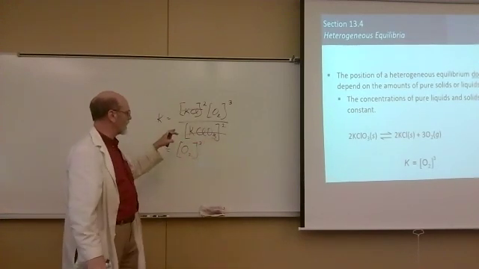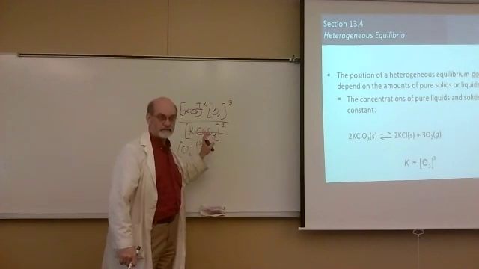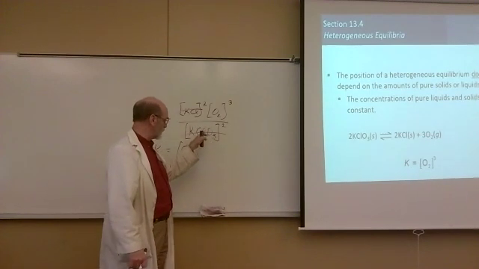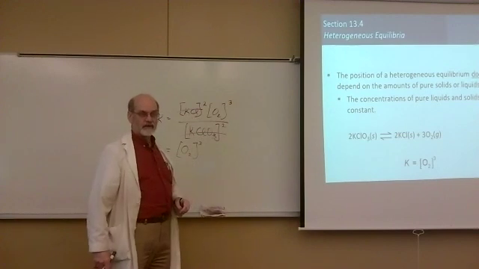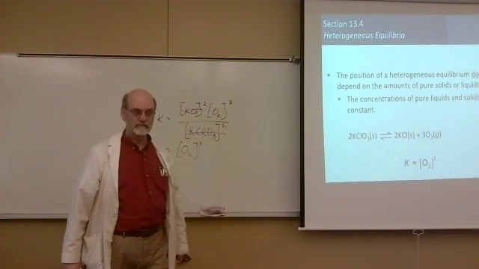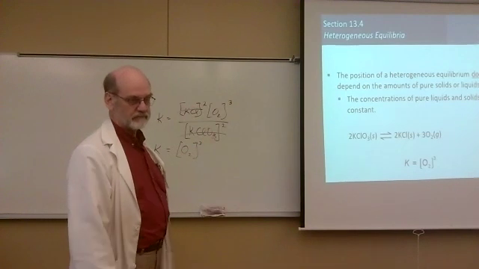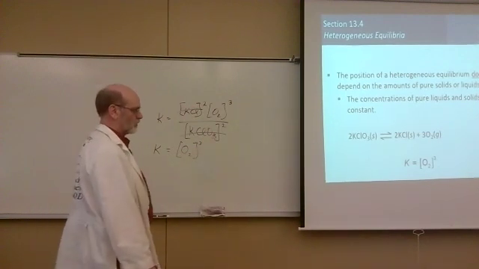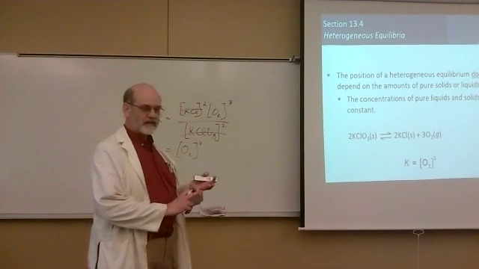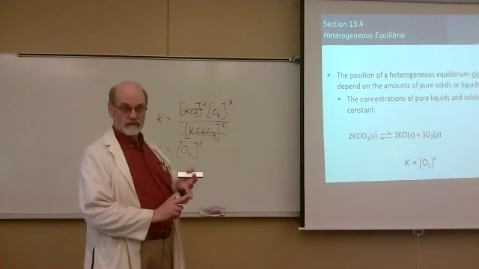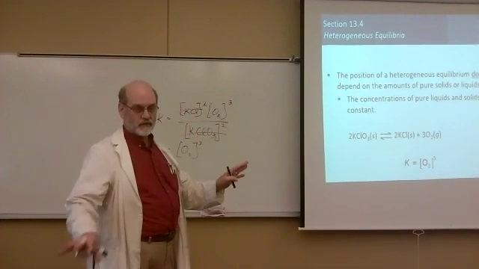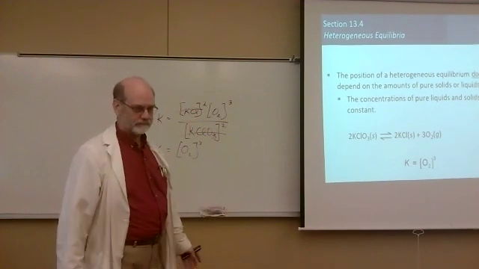And since they don't change, they may as well be one. Right? We just assume that's one and that's one. And they go away. Okay? Or just memorize the rule. If it's a solid or a pure liquid, it's gone from the expression. Don't include it.